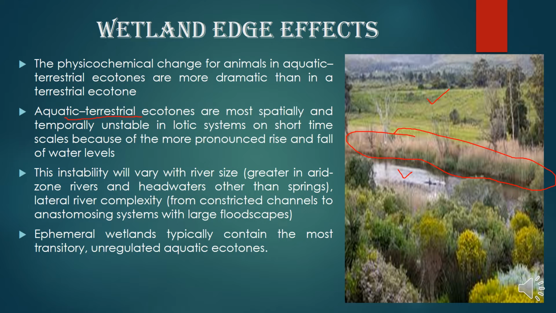For example, if the river is a very high speed river, its ecotonal region will contain a lesser number of species than a very slow flowing river.